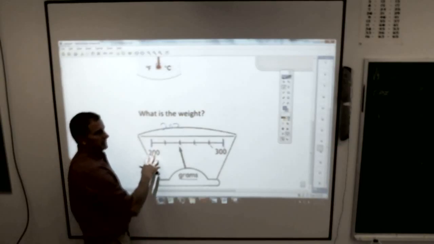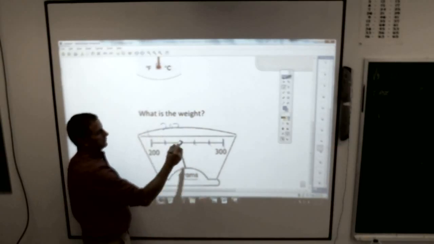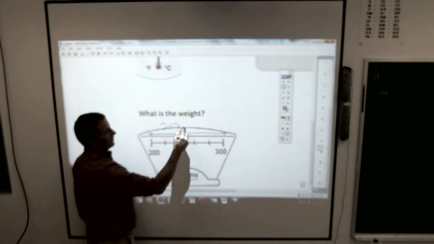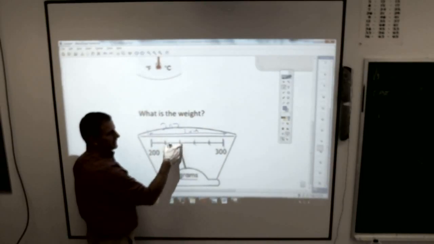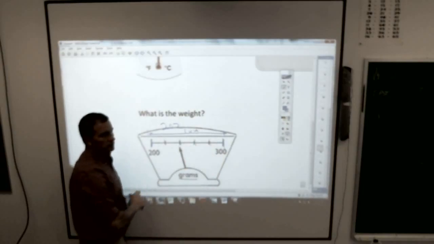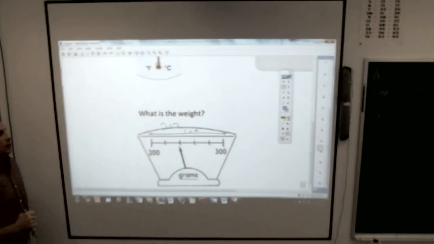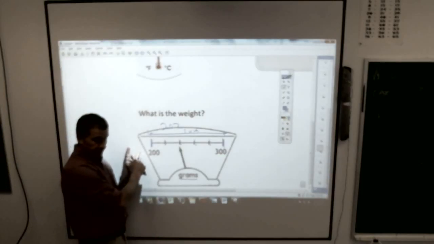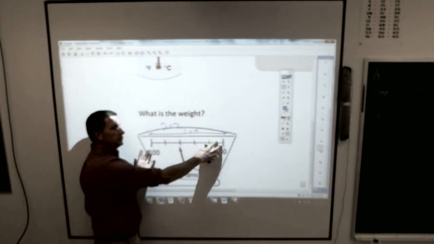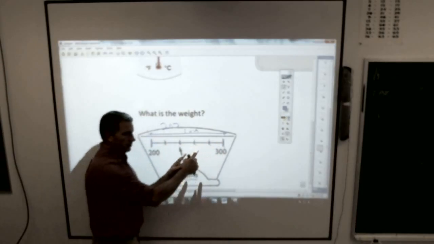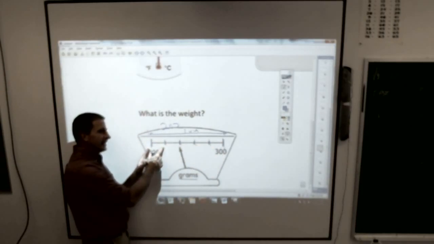Exactly, that's kind of it. It's dividing by, well, I know from 200 to 300, that's 100, right? You know this has to be 100 all the way there. How many pieces am I dividing 100 into there? And here's where I also have to caution you, watch out for this, children. When you look at scales and measurements, don't count the tick marks, count the spaces between them.